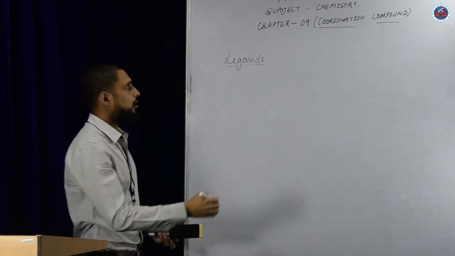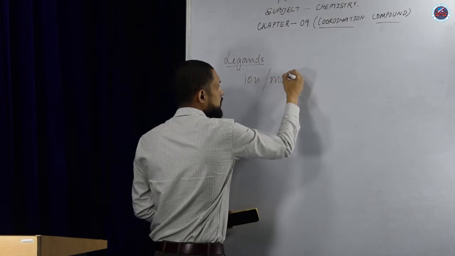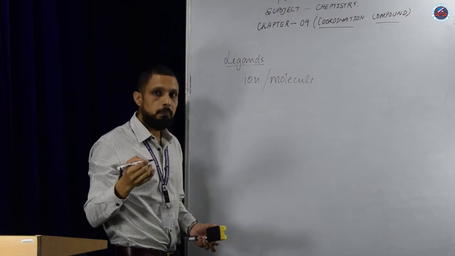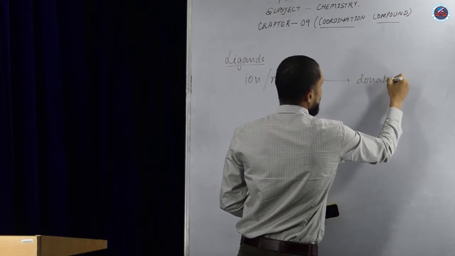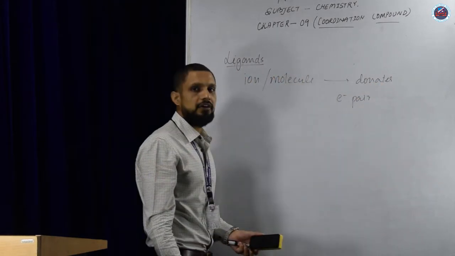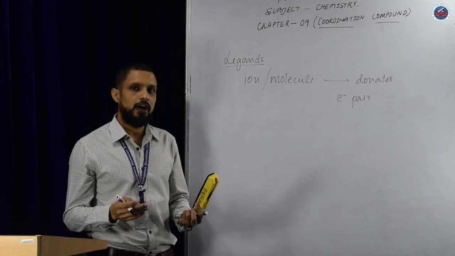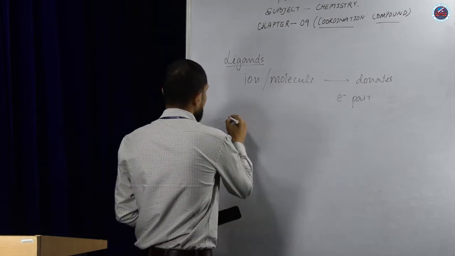Ligands are ions or molecules which donate electron pair to form coordinate bond. Now ligands are classified based on different factors, so let us study the classification.